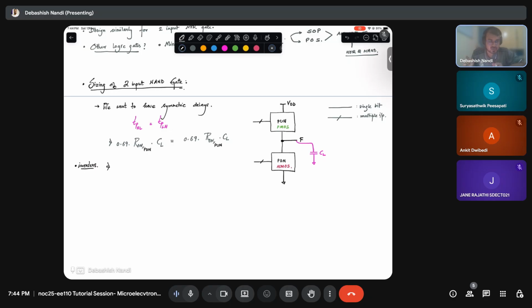So if that is so, can you tell me if this is proportional to WP by LP times mu P, proportional to WN by LN times mu N? Is that okay? I think this we have discussed in the last session. Yes, sir.